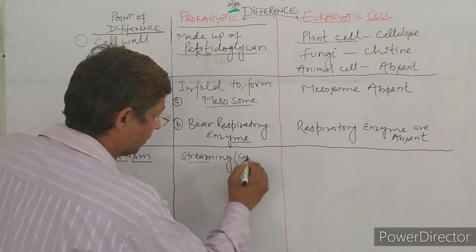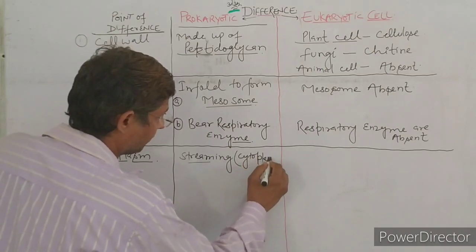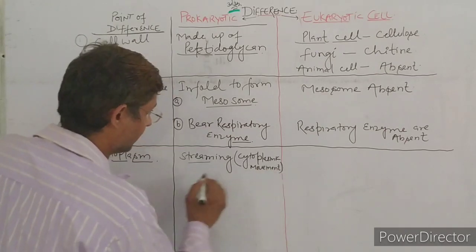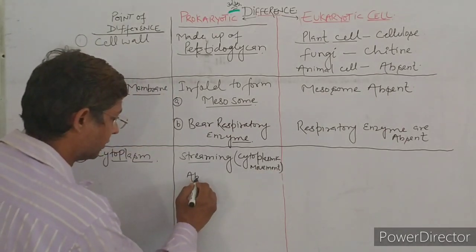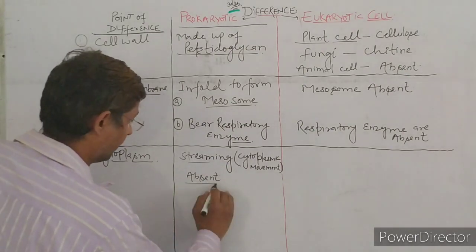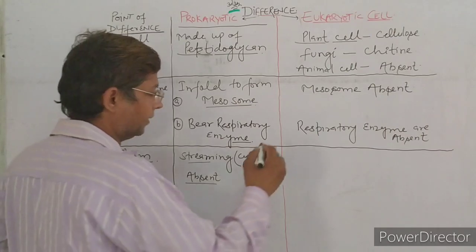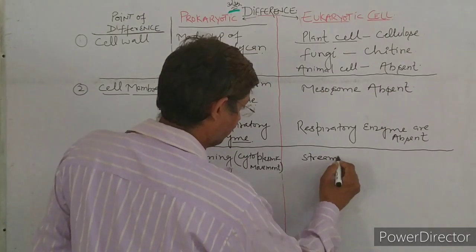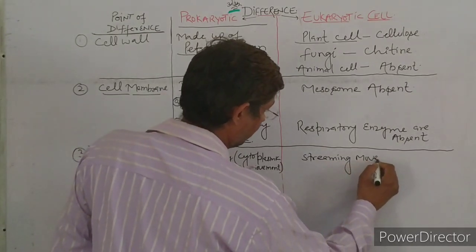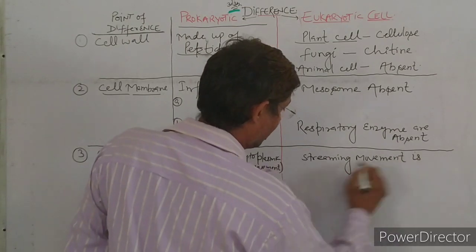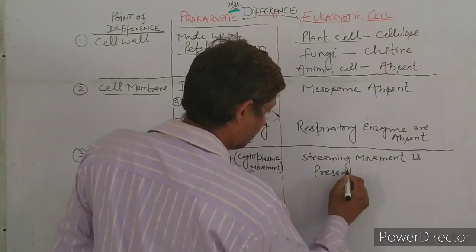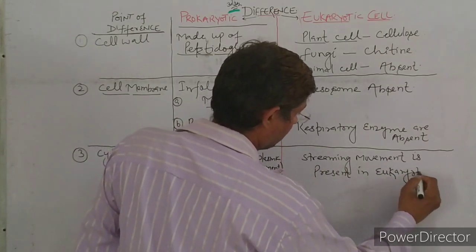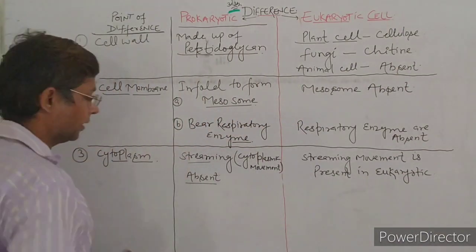Means cytoplasmic movement, which is absent in prokaryotes, and streaming movement is present in eukaryotes, in the eukaryotic cell.